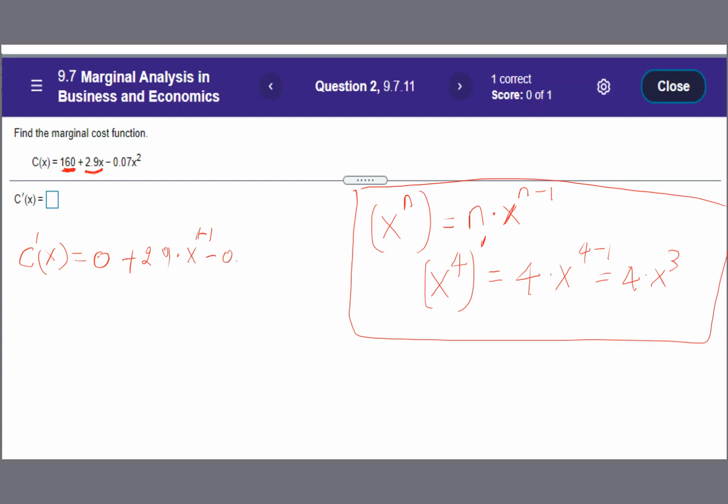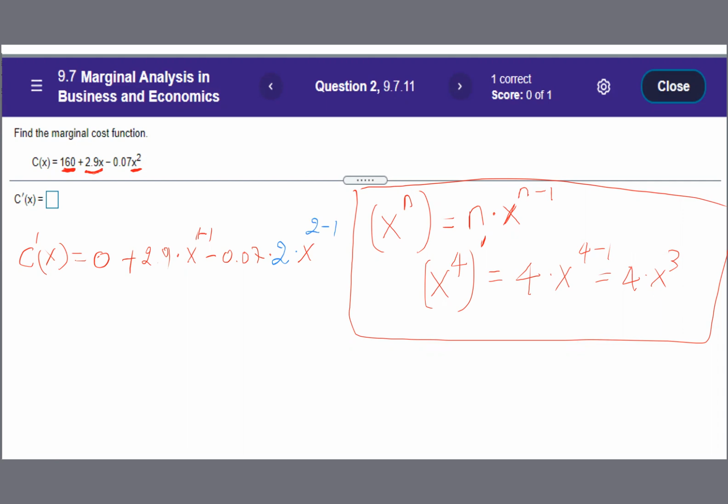minus 0.07 times, we have x squared, so we're going to use the power rule for x squared. So we're going to bring 2 down times x to the 2 minus 1.